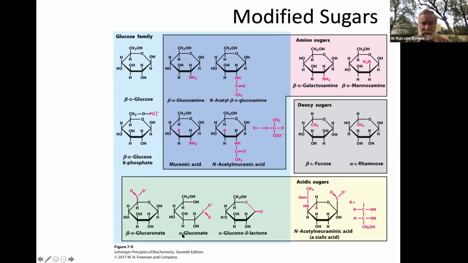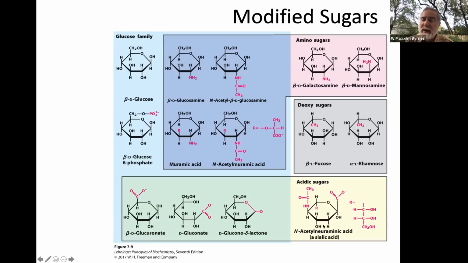And then we have D-gluconate, in which the aldehyde has been oxidized to a carboxylic acid group. We will see this later when we look at the pentose phosphate pathway. And this other one too, D-glucono-delta-lactone, in which this carbon now has been oxidized to what's called a lactone.